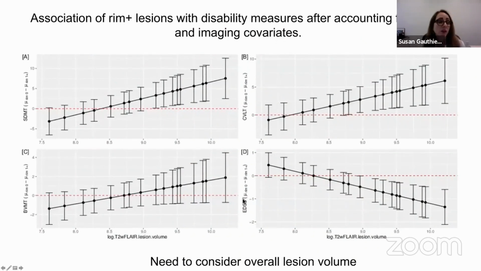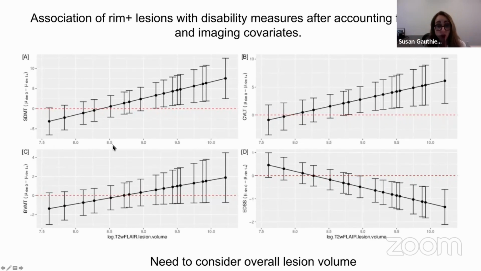This is a multivariable model, looking at essentially the mean difference in performance on all of these cognitive measures as well as on EDSS. This is the confidence interval of the difference between those patients that have one rim positive lesion versus no rims.